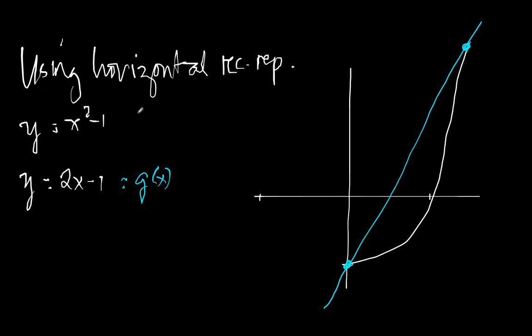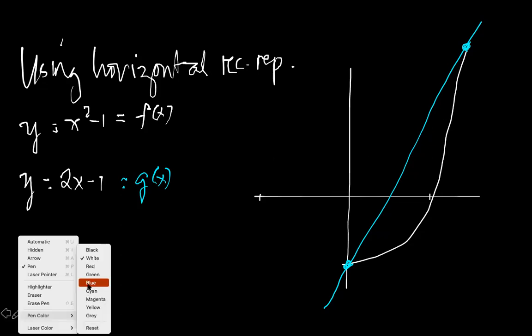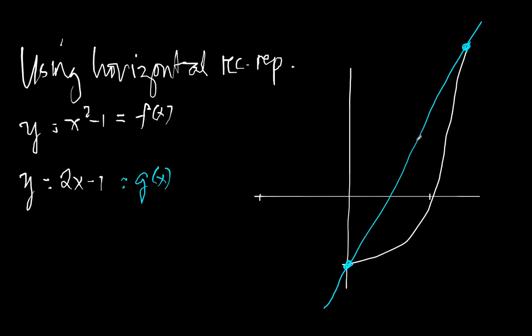It doesn't really matter which one is f or g, as long as you know how to use them and when to use them. And we are going to identify the rectangular representative. Let's use magenta.